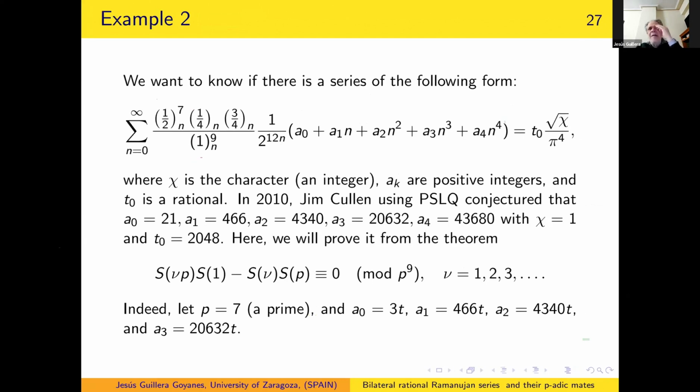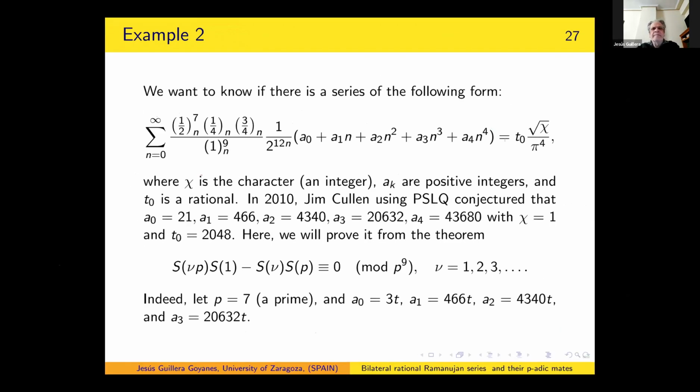Our second example is this conjecture by Guillera using the PSLQ algorithm. We can prove it using these supercongruences.